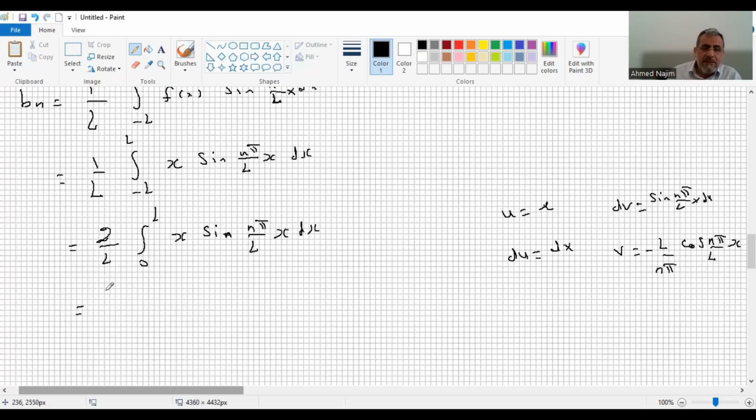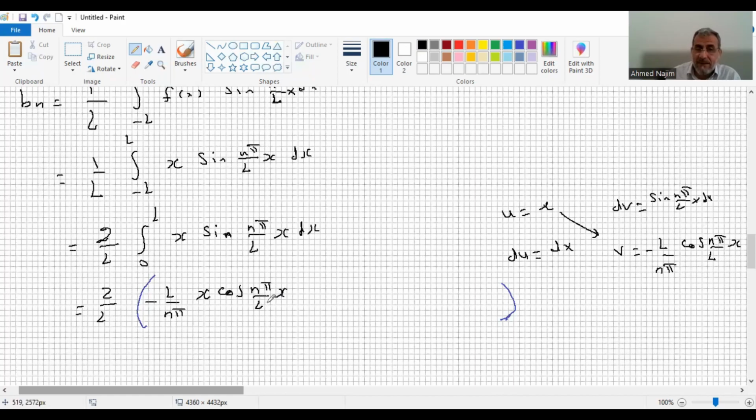Now, this one will be 2 over L, and this one is multiplied by, what multiplied by? uv, u times v, so it will be negative L over n pi, x multiplied by cosine n pi over L x.